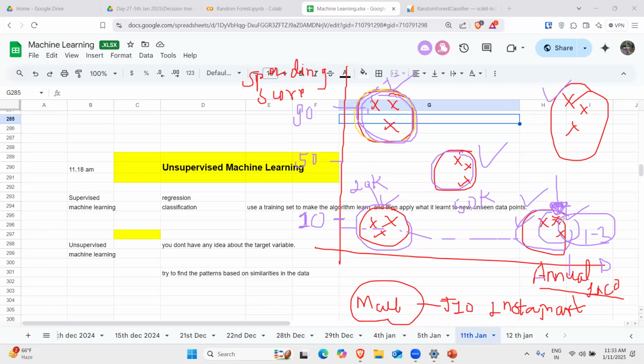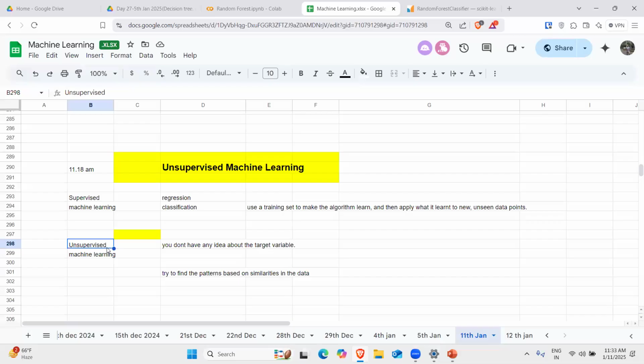Let's say we strategize for these customers and create a platinum card, or buy one get one offers, or more attractive offers. If you buy for 10,000, you get a flat 2,000 off, something like that. Yes or no? That kind of thing comes under unsupervised machine learning, right?